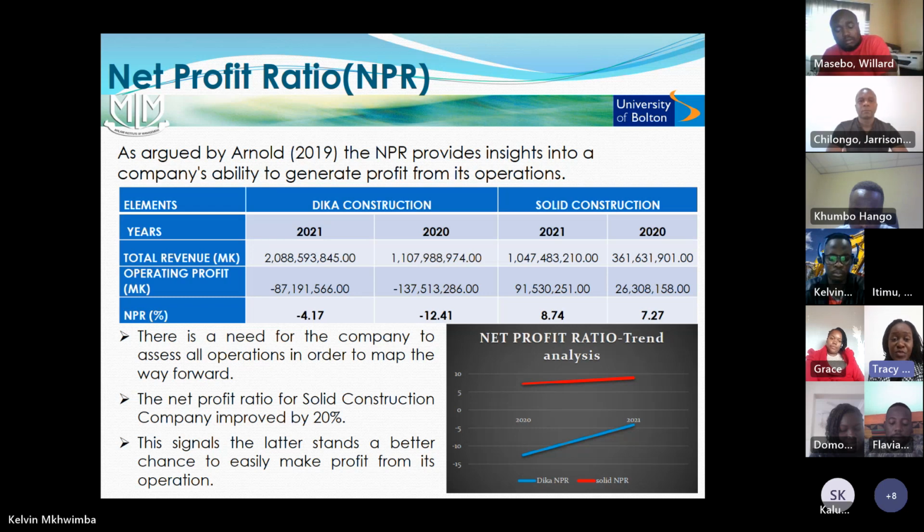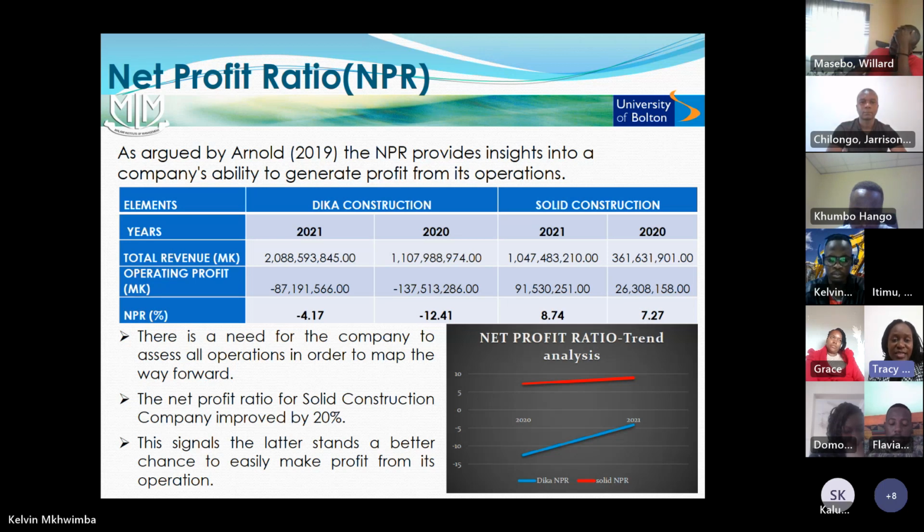And from the outlook, we would see that generally there was an improvement for both companies as regards the ratios. For Dika Construction Company, in 2020, it was at a negative 12.4, and then there was an improvement to negative 4.1.